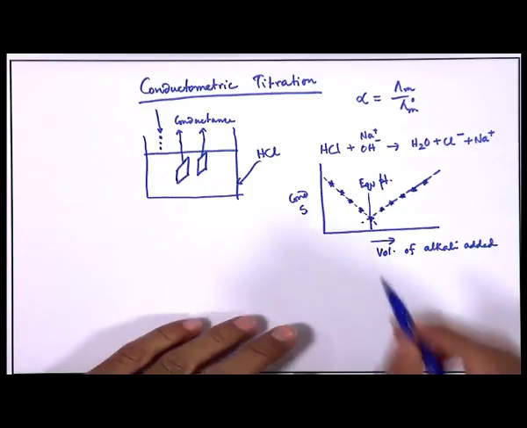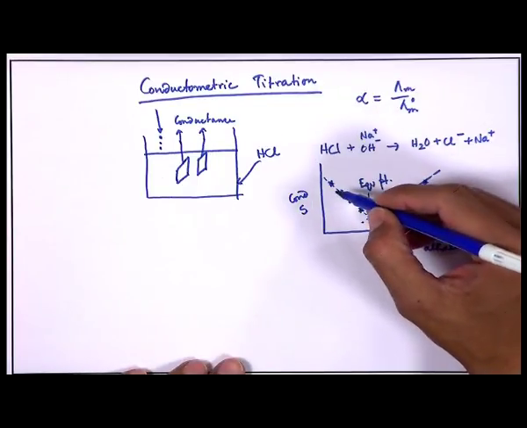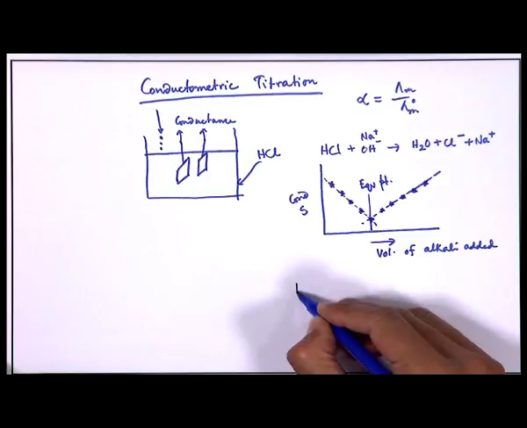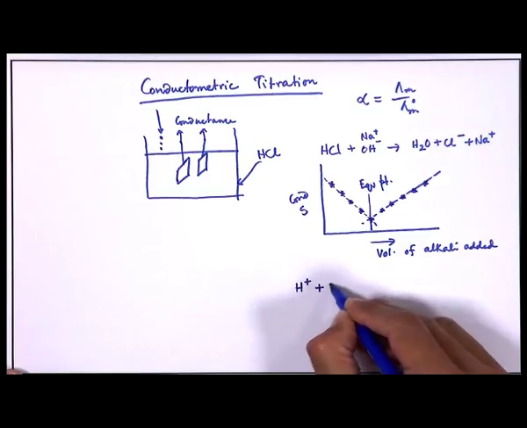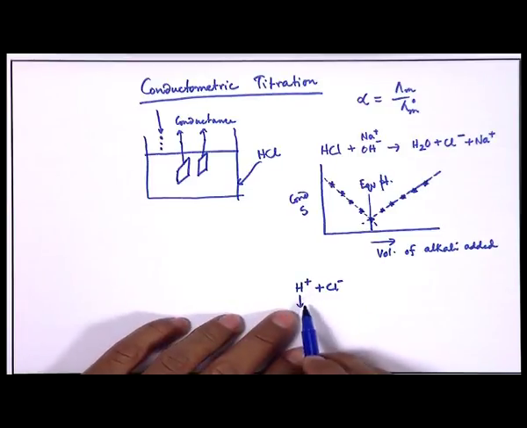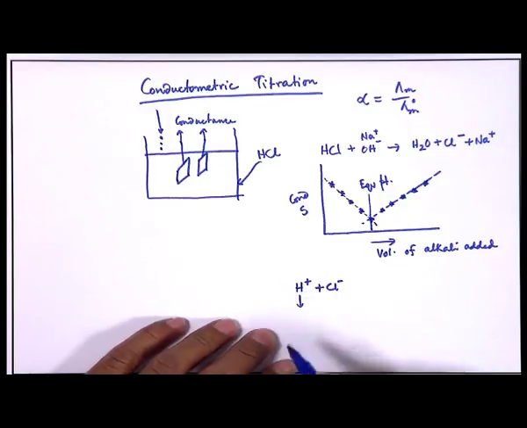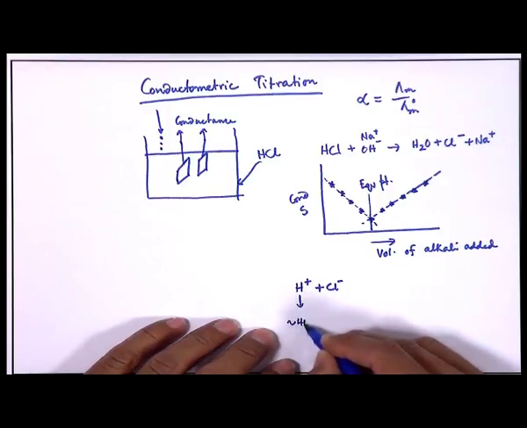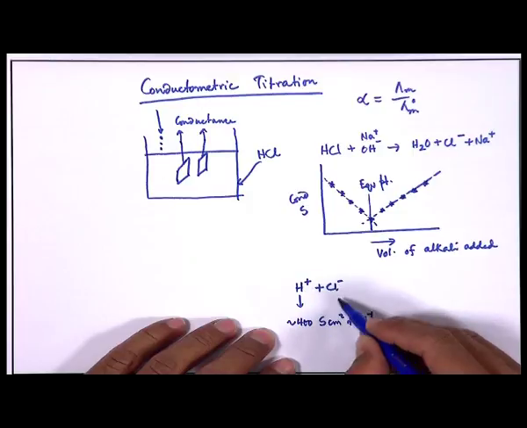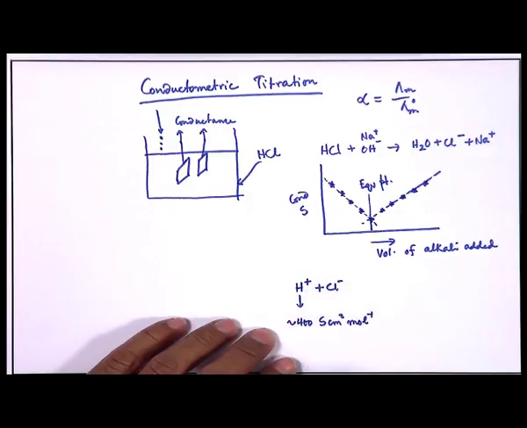So, why does it happen like this? Initially you have H plus Cl minus. The molar conductance of H plus is very high, about 400 Siemens centimeter square mole inverse. These others are less, about 70 or something like that.